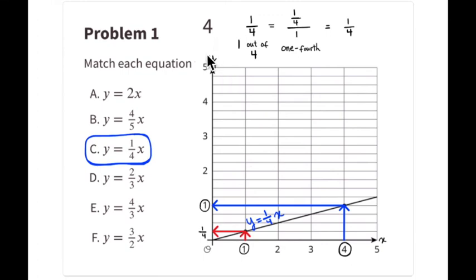This is problem number 4. It matches equation C. So this is the least amount of money, or the smallest relationship of y to x. So y is equal to 1/4 of whatever the value of x is. So y equals 1/4 x. So if we talk about dollars per hour, once again, you work 4 hours, you only get paid $1.